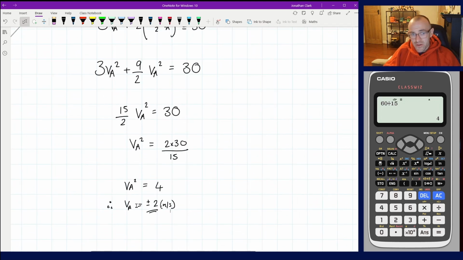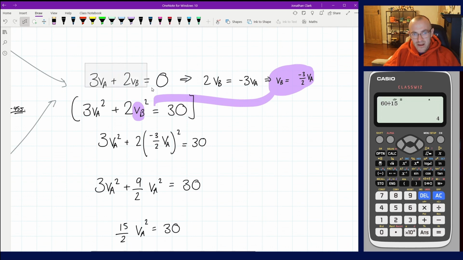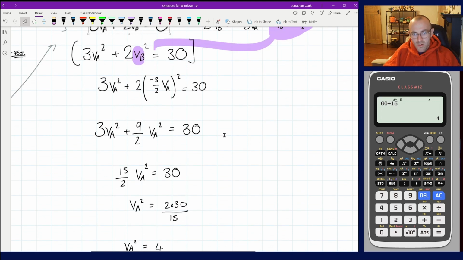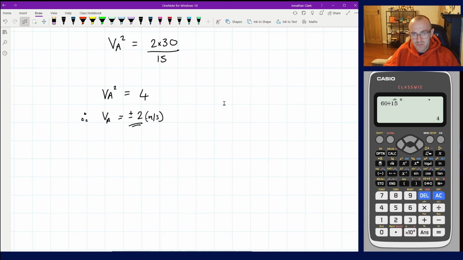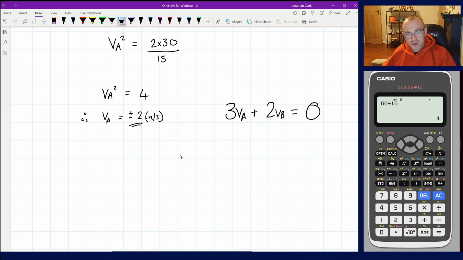So now that I've got this, I'm going to plug it back into one of my original equations. This one will do nicely. And I'm going to put a 2 in.